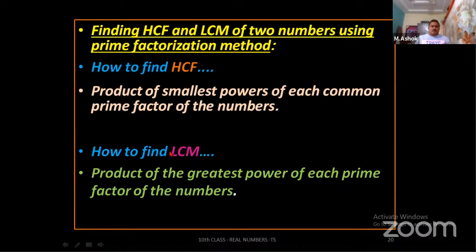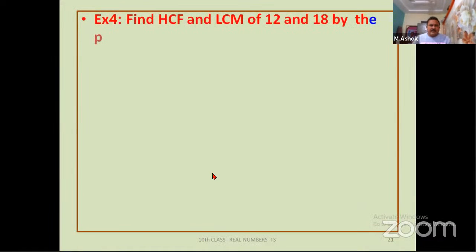Okay, so using the prime factorization method, we are able to find HCF and LCM. I will explain with the help of an example. Look at example number 4 in your textbook.